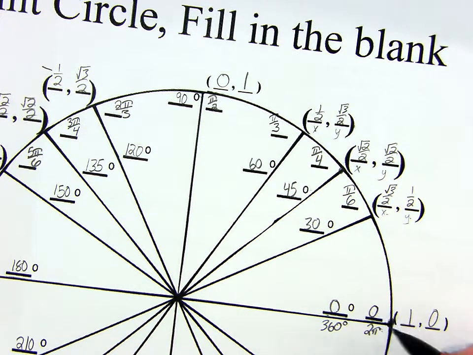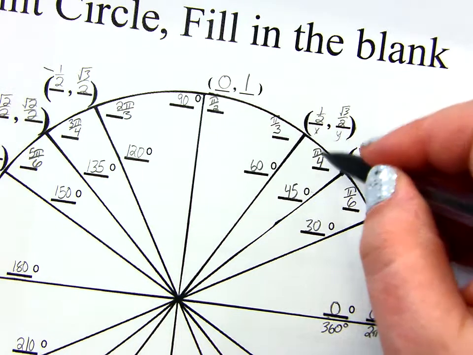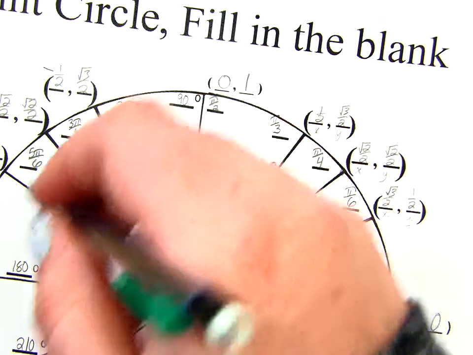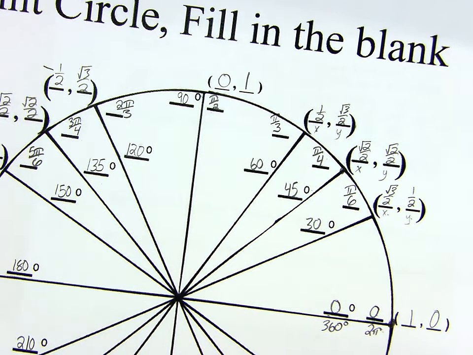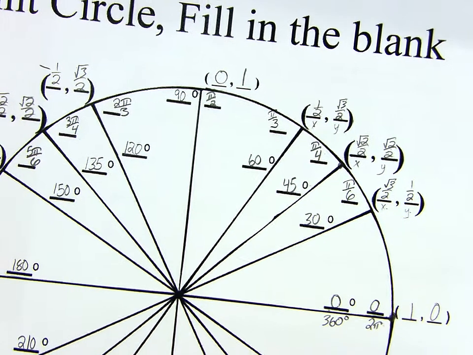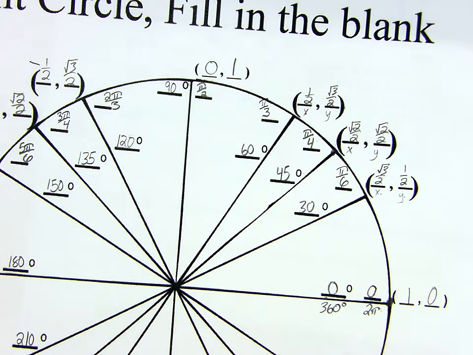So maybe just look at these. Can you see a pattern between 0, pi over 4, pi over 2, 3 pi over 4, pi, 5 pi over 4, 3 pi over 2? Do you see a pattern there? No? Yeah, I do.